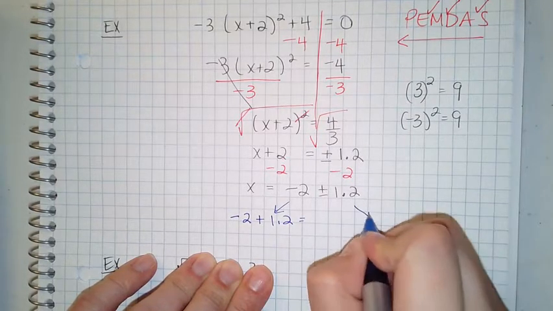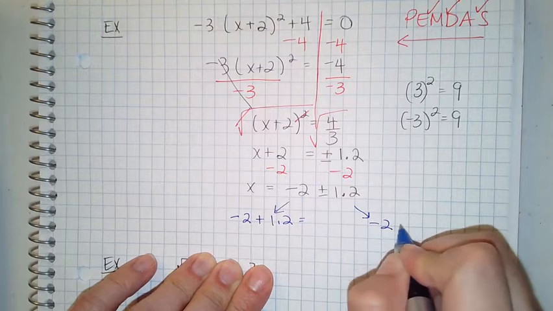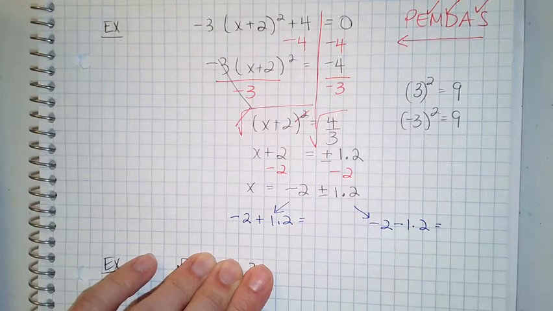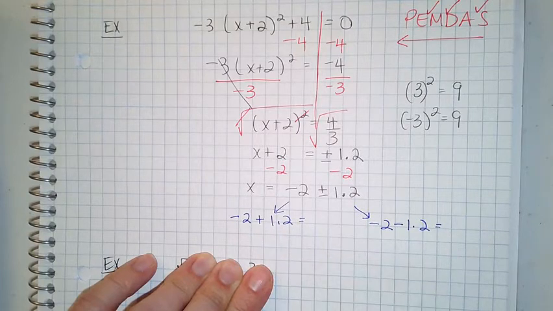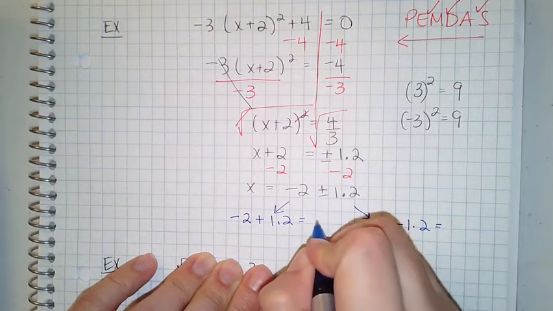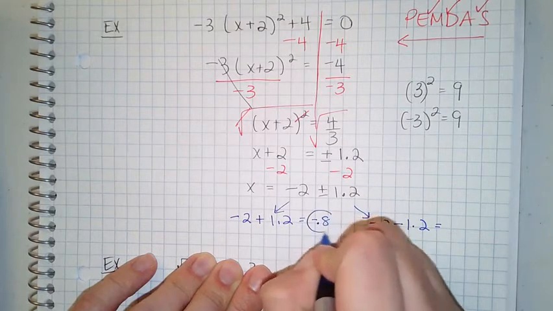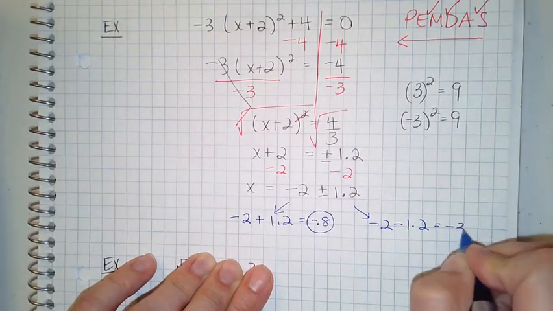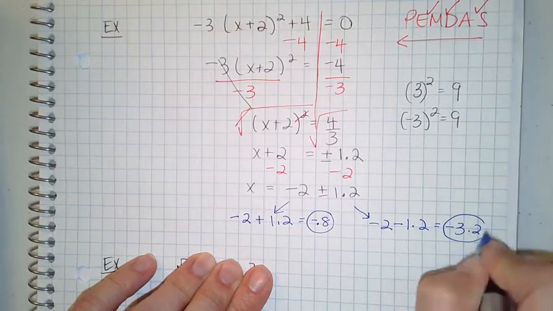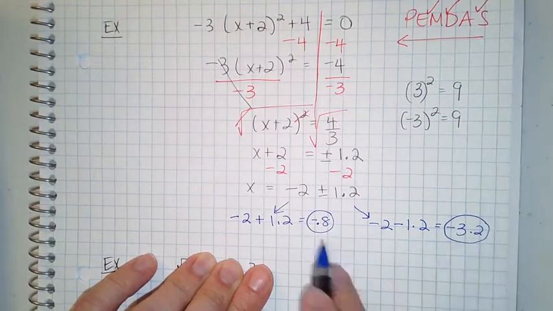And then the other answer we could get is negative 2 minus 1.2. So if we do negative 2 plus 1.2, well, that's going to be negative 0.8. And negative 2 minus 1.2 is going to be negative 3.2. So those are the 2 possible answers.